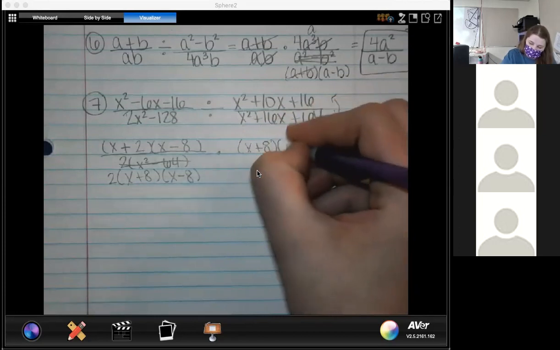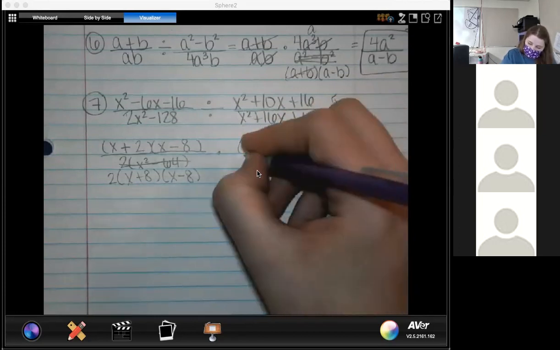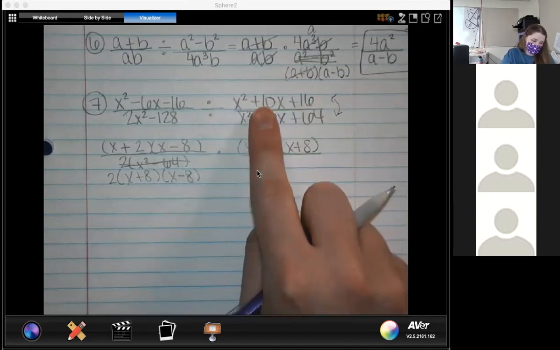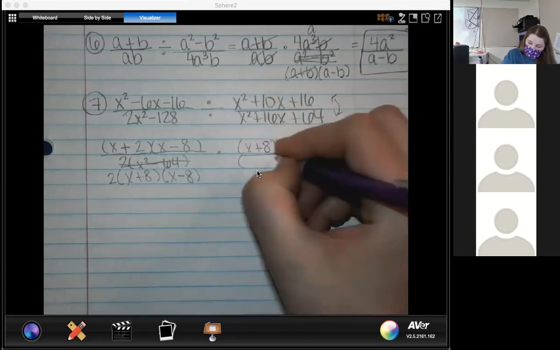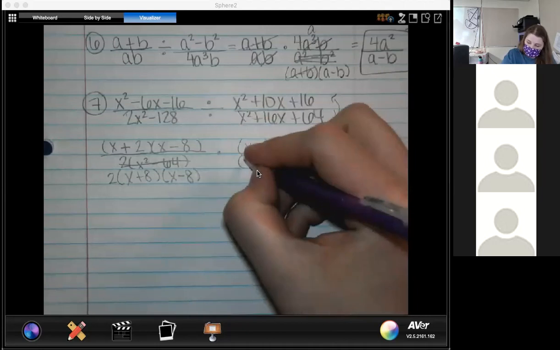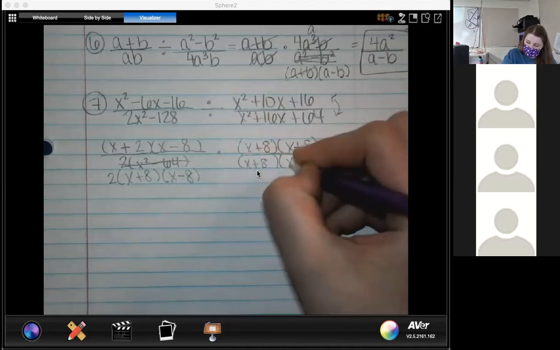That works out nicely. Then we look at factors of 16 that add to 10. 1 and 16, nope. 2 and 8, yep, that could work. We need positive and positive, so it'd be positive 8 and positive 2.